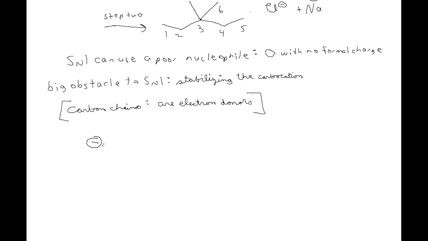Let's say that you have something with a negative formal charge. Will that be happy or unhappy? It would be unhappy. How could we make it happier? Would we make it happier by attaching it to electron donors or by attaching it to electron withdrawers? To electron withdrawers.